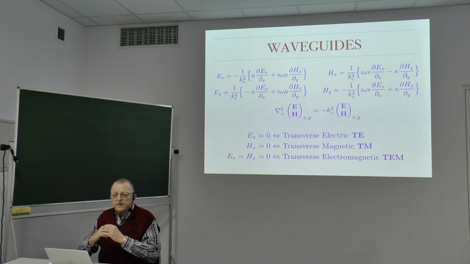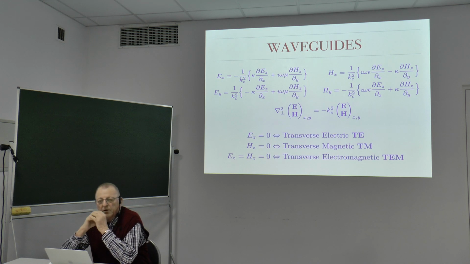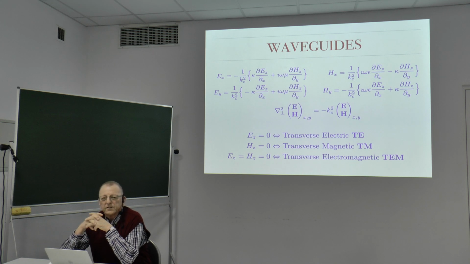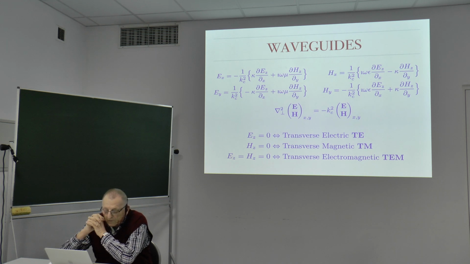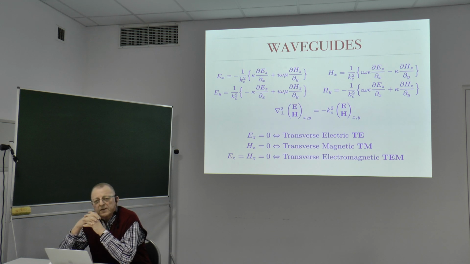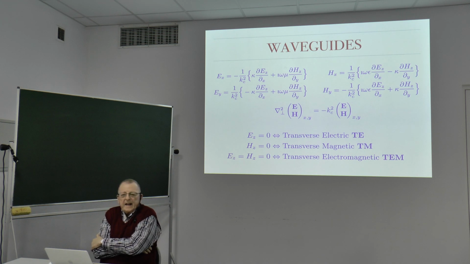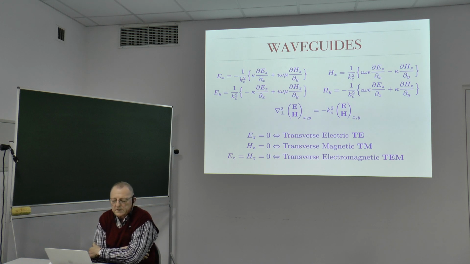So now, if we look at these equations, we can, and this is a customary notation, distinguish 3 main cases. The one when the z component of electric field vanishes, and these are transverse electric solutions or transverse electric modes.